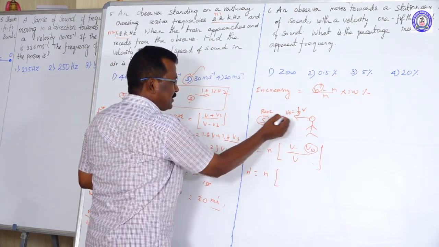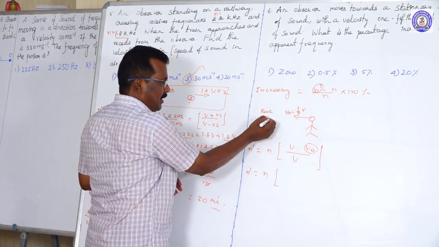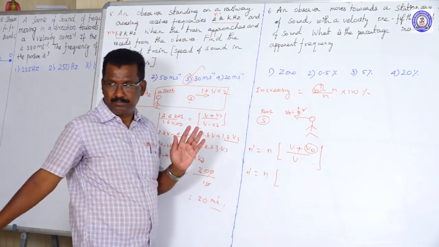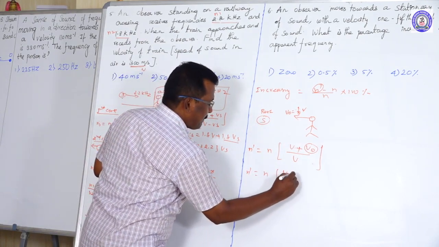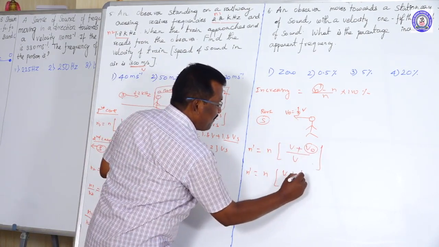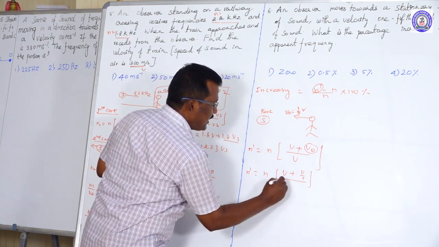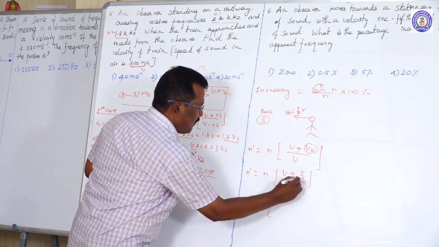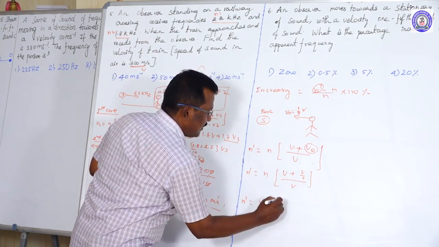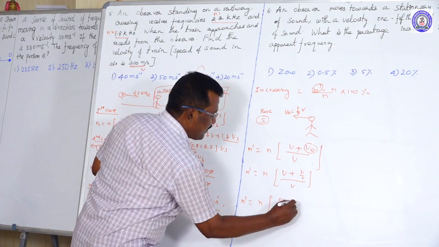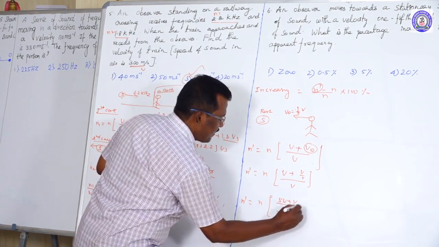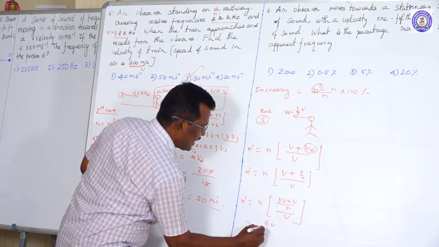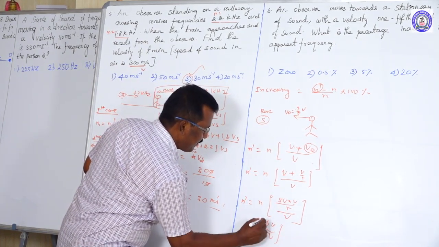The observer is moving towards the source, that is right to left, so put a positive sign. So n prime is equal to n times (V plus V by 5) divided by V. 5V plus V is 6V, so 6V divided by 5V.